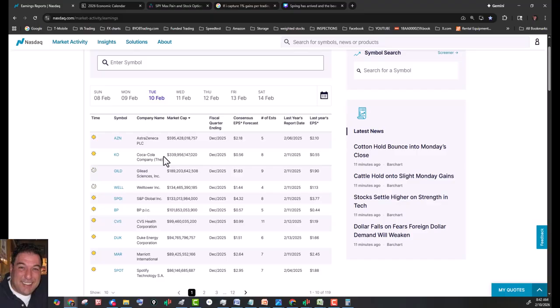Nothing's ever going to really change with Kraft, other than if they lose some market share because they decide to overprice something, but they're pretty good at what they do. Same with Coca-Cola. That's why they call them defensive stocks, because they're probably not going to dip all that much.